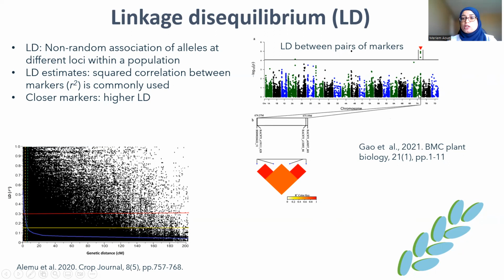Here on chromosome 4A, we have 4 markers that were in high LD. So we have R-squared that is close to 1 between these 4 markers. So this shows that these 4 markers are likely associated with a single causal gene or locus.